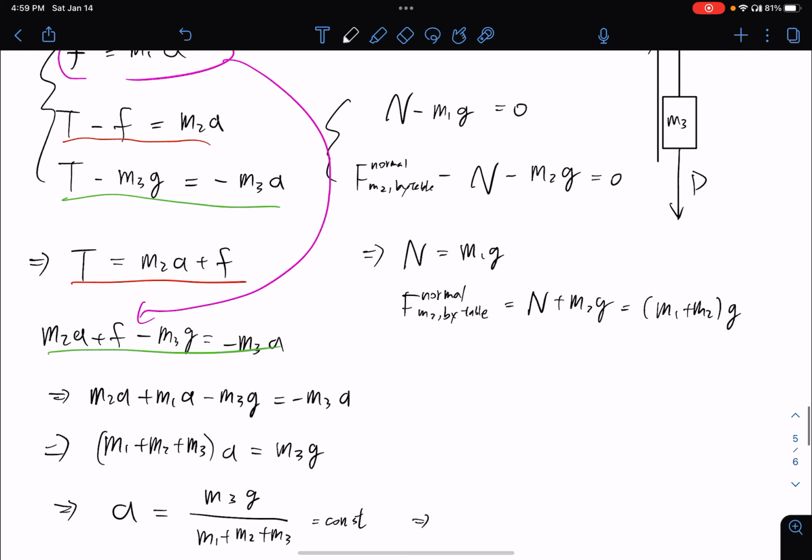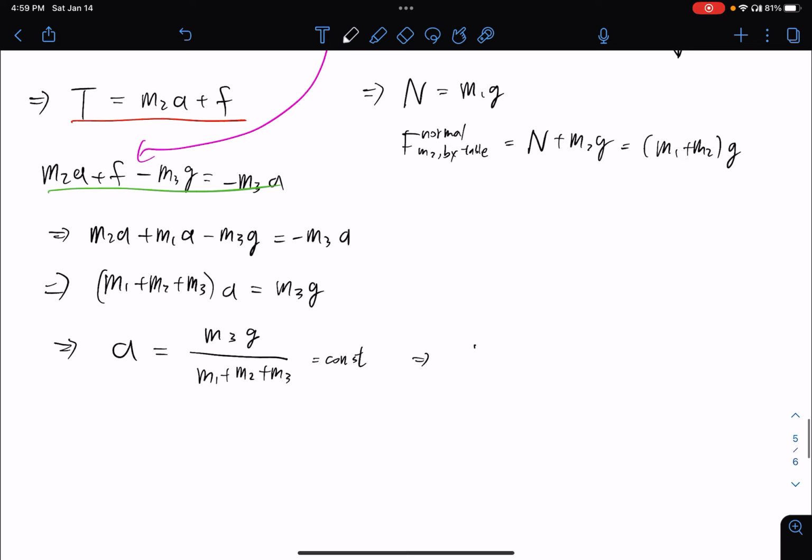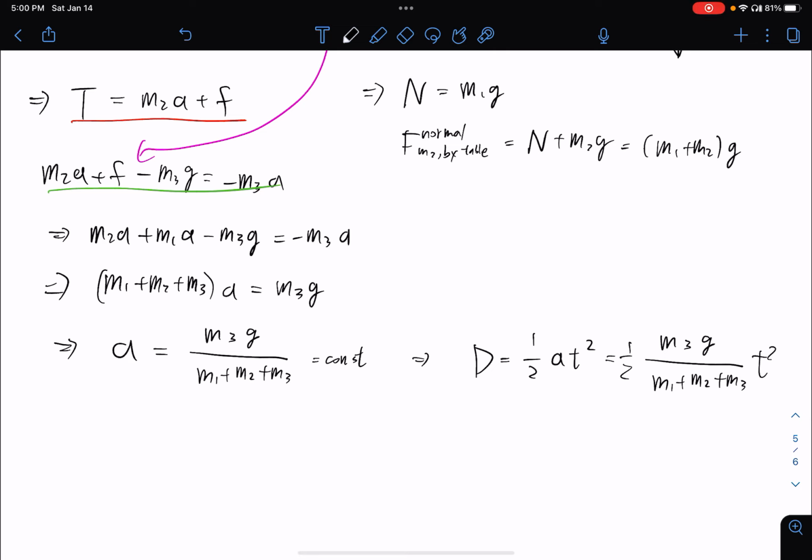So if we look at the distance that the third block drops, it will be constant acceleration motion started with zero initial velocity. So the displacement will just be 1/2 a t squared. So we can just solve for the distance that it dropped by putting in the acceleration we solved over here. The distance that it dropped will just be 1/2 this acceleration times t squared.